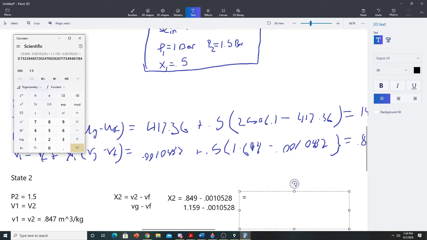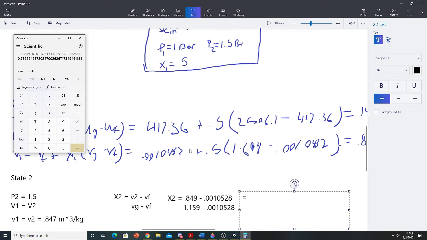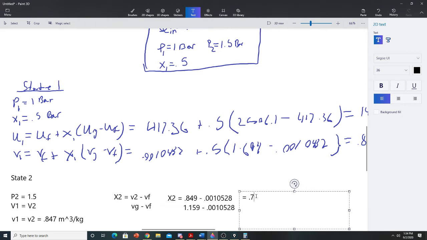This is the actual quality here. Sorry about that. So 0.7322. Just to be sure everyone's aware, what I said earlier is that when I looked at this right here, our volume was the same as state 1. Whatever. It doesn't truly matter all that much as long as we're fairly close.